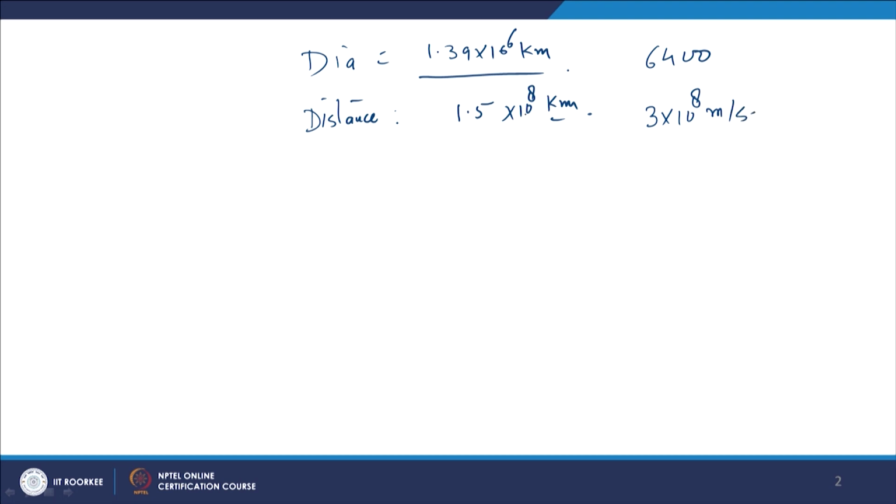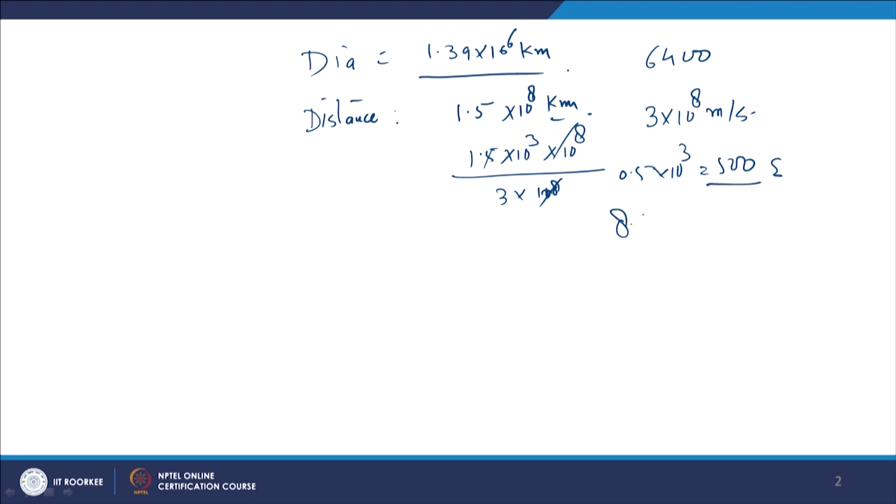If you calculate the time taken by light to travel from sun to earth, it is 1.5 into 10 to power 11 meters divided by 3 into 10 to power 8, which is 0.5 into 10 to power 3, that is 500 seconds. If you convert this 500 seconds into minutes, it is 8.3 minutes. This is the time the light takes to travel from sun to earth.